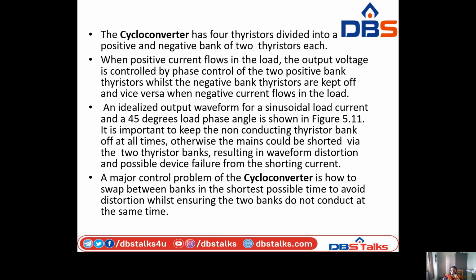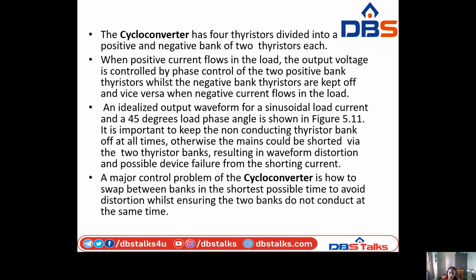So the major control problem of the cycloconverter is how to swap between the banks in the shortest possible time and avoid distortion, while ensuring the two banks do not conduct at the same time.